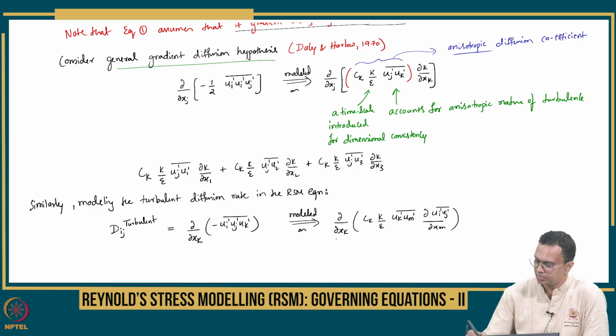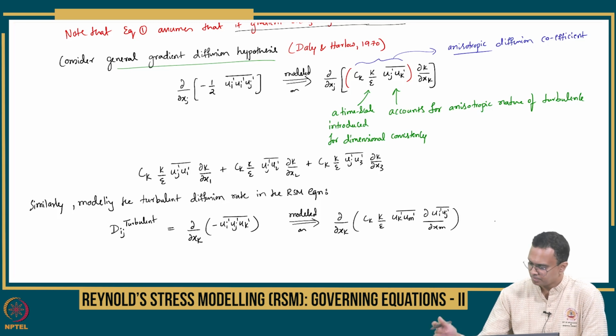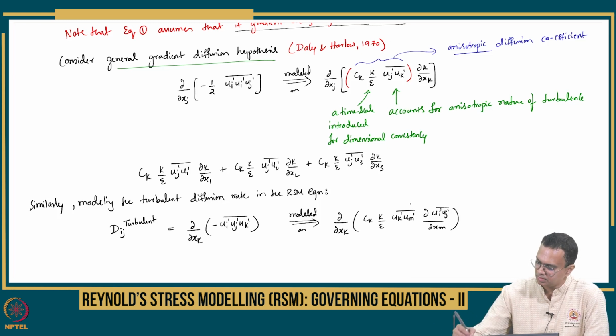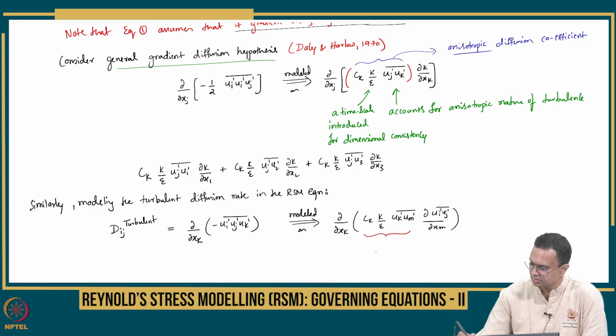So k is also repeated, but for dou by dou x1, when k equals 1, this is a sum of 3 terms, plus when k equals 2, it is a sum of 3 terms, so it will be a sum of 9 terms. So again the same argument: this is introduced for an anisotropic diffusion coefficient. So this particular part here is the anisotropic diffusion coefficient.